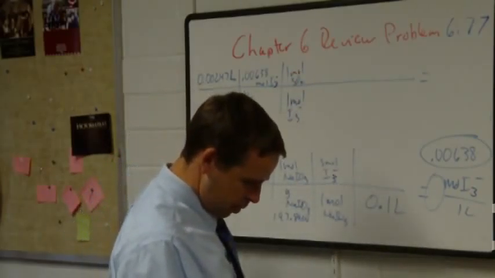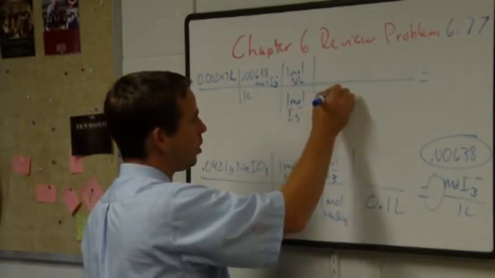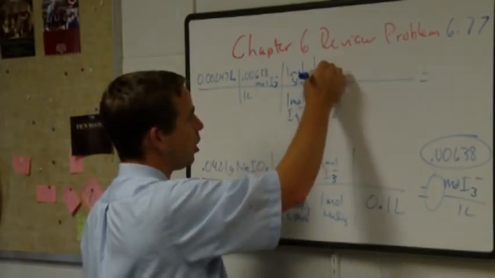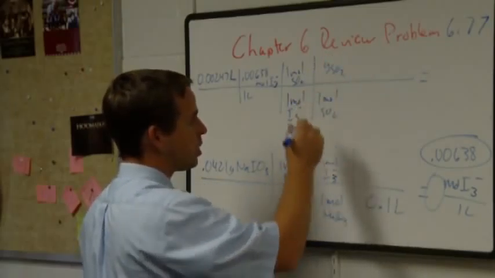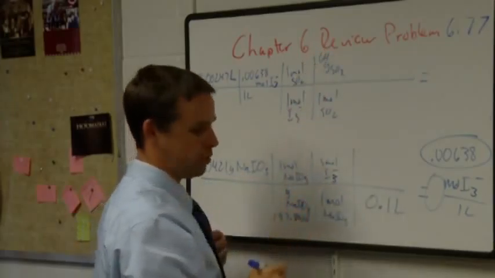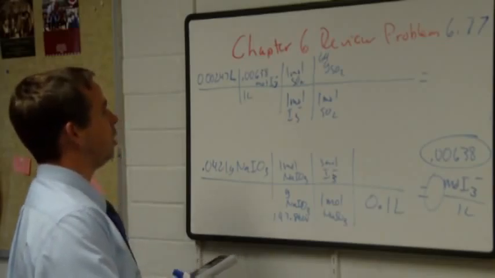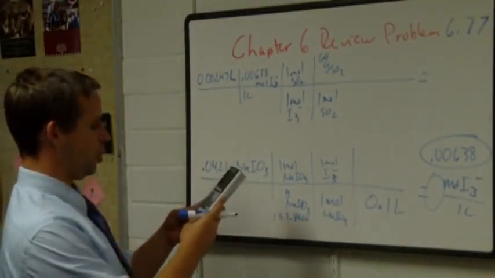Okay? How many grams of SO2? Well, for every 1 mole of SO2, how many grams of SO2 are there? So it's 16, 16, 32, 32, and 32 is 64. So there should be about 64 grams of SO2 per mole of SO2.